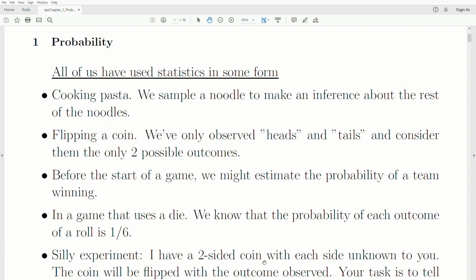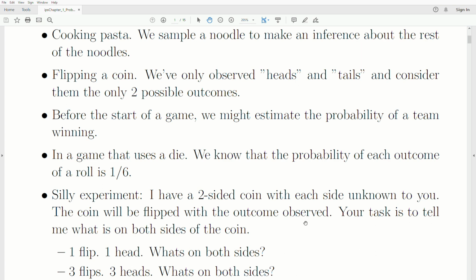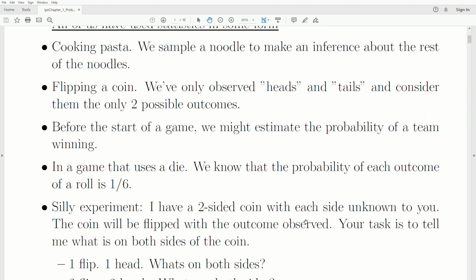I have one coin with two sides, and I'm not going to tell you what's on each side of the coin, but I will flip it and tell you the outcome observed. And your task is to tell me what is on both sides of the coin, right? I'm like, all right, go.